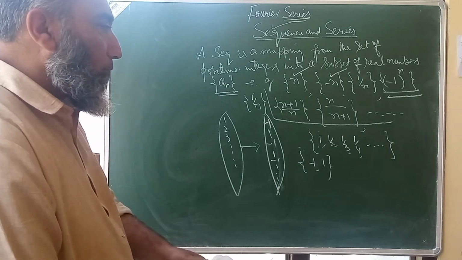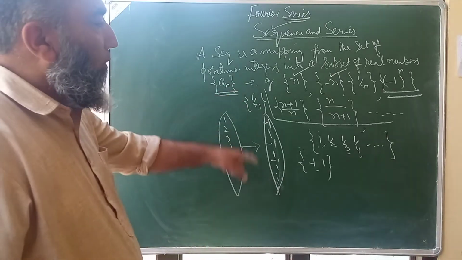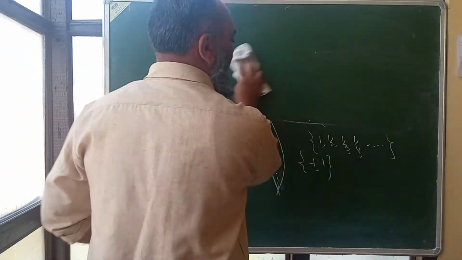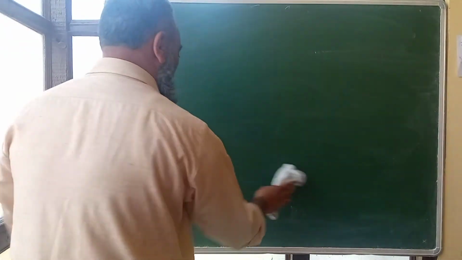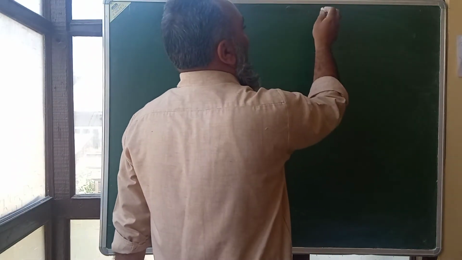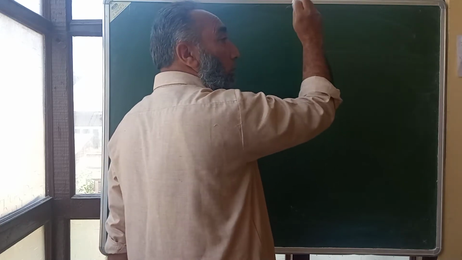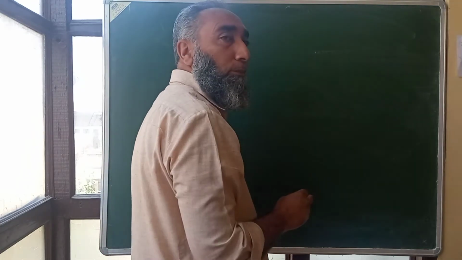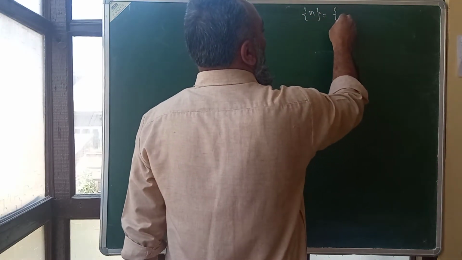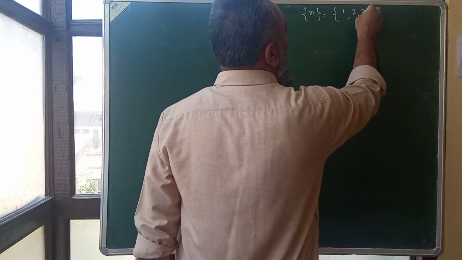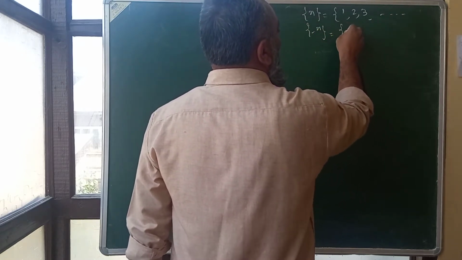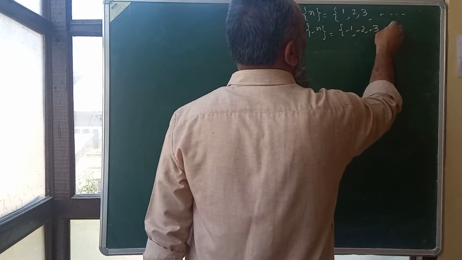Now, you can see from these examples, there are sequences where the domain is the same. For the sequence n, the range is 1, 2, 3, and so on. For minus n, minus 1, minus 2, minus 3, and so on.